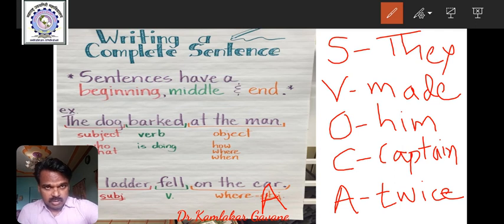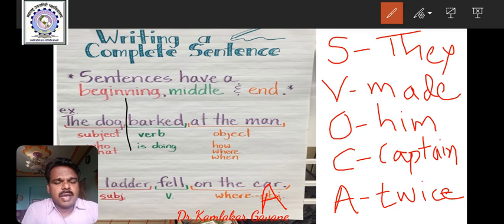The dog is the subject, barked at the man is the predicate. Then what is a subject? Subject is the doer of action, D-O-E-R. One who does the action in the sentence is called the subject.